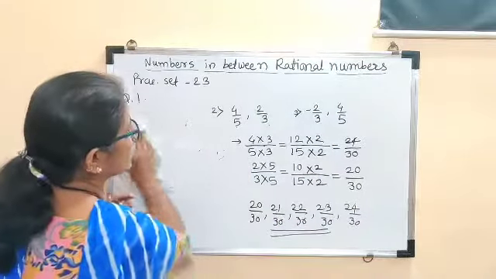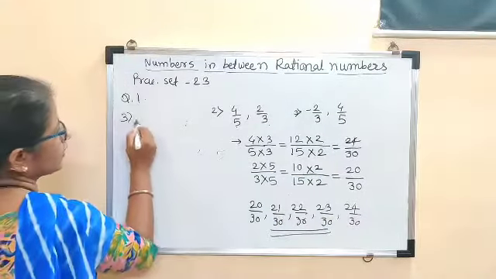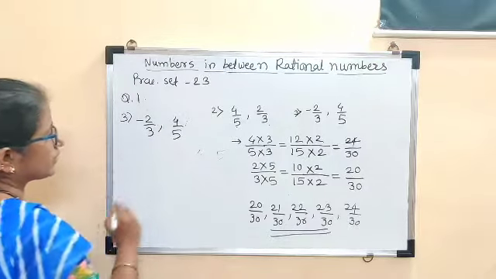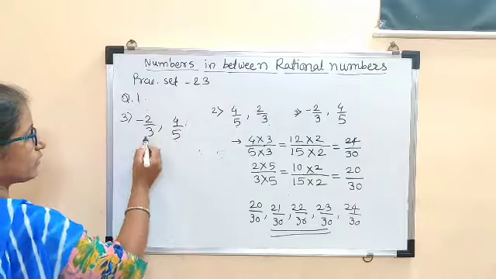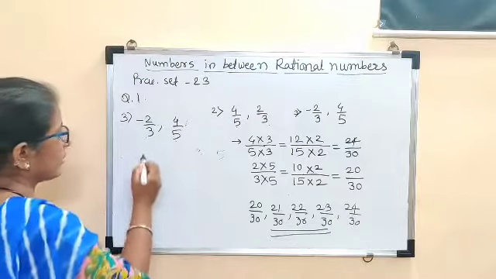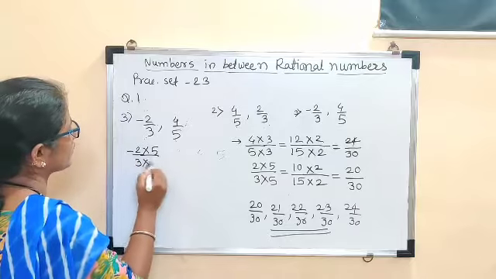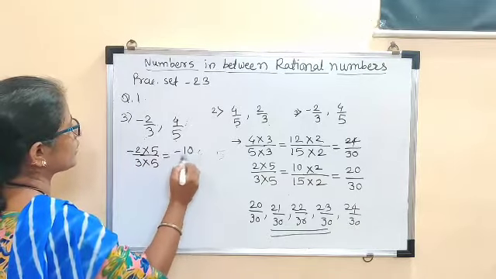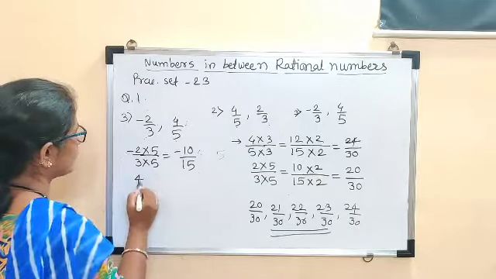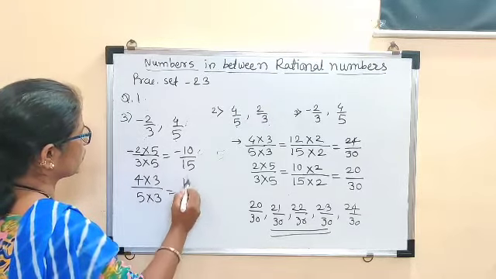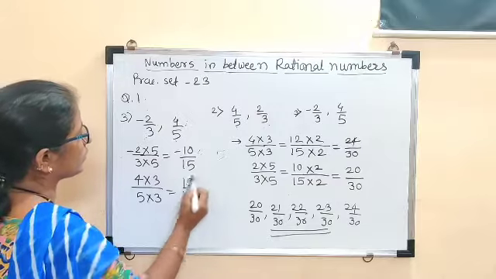Now see the third one. Minus 2 upon 3, 4 upon 5. Make the denominators equal, multiplying this by 5 and this by 3. Minus 2 upon 3 multiplied by 5 is minus 10 upon 15. And 4 into 3, 5 into 3: 4 3s are 12, 5 3s are 15.